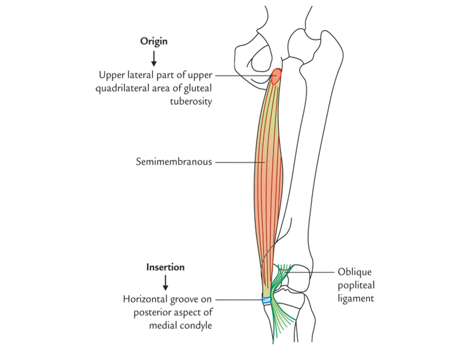Here it converts into a ligament, the oblique popliteal ligament, at the knee joint, and here there is a deep fascia. It converts into the deep fascia, covered by the popliteus muscle. So the origin of semimembranosus is the upper lateral part of the upper quadrilateral area of the tuberosity, and the insertion is into the medial condyle of the tibia.